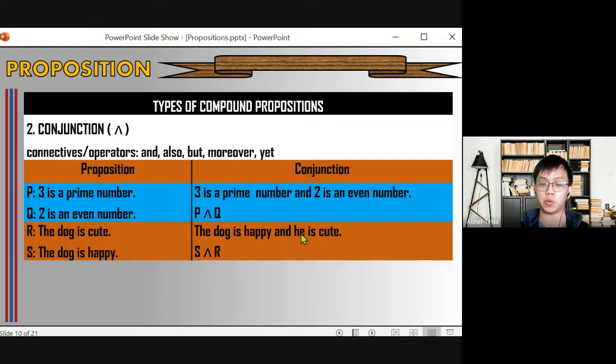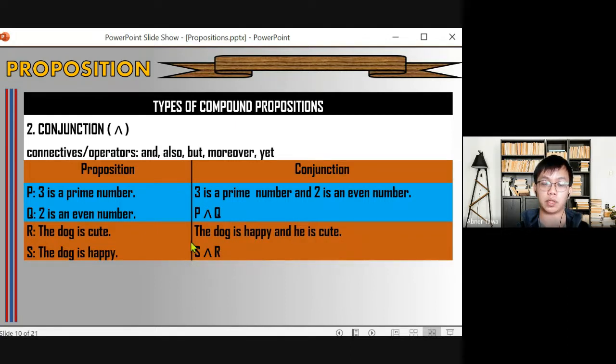If we have the same subject, we can use here a pronoun as a replacement for that subject. So as long as we know what is being pertained by the pronoun he, that is the dog.